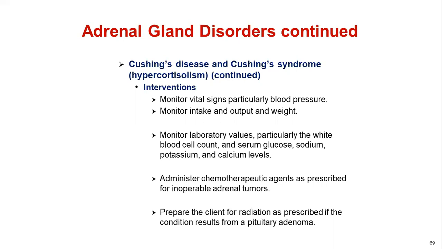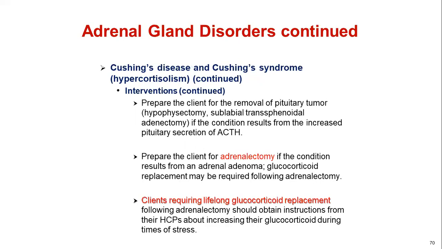So what are the nursing care? So intervention first. Basically, a question sometimes the NCLEX board asks, how do we diagnose it? The diagnostic test is called the dexamethasone suppression test. NCLEX board asks this question. But nursing intervention is super important for us.